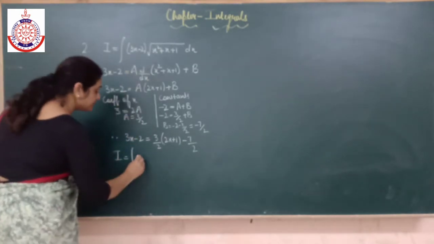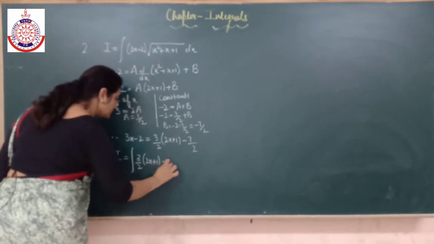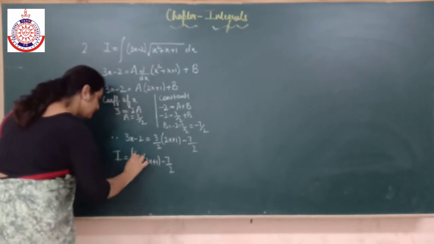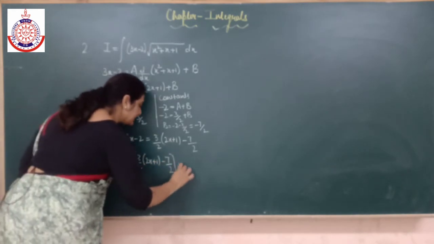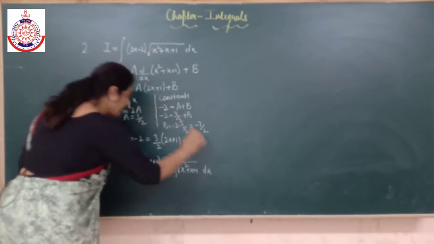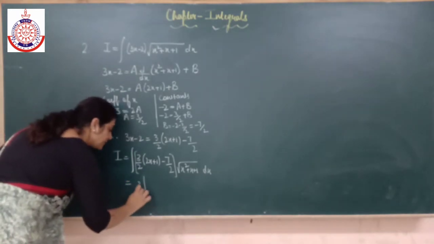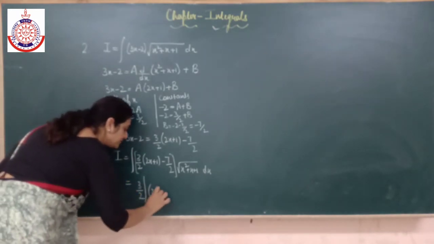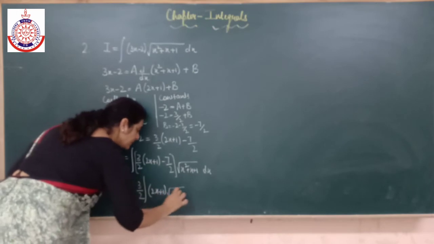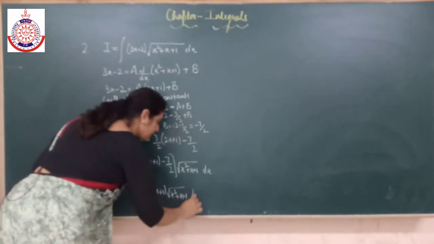That is the integration of 1 over the root of x square plus x plus 1. Segregate it, and segregating it into two integrals, this is 1.